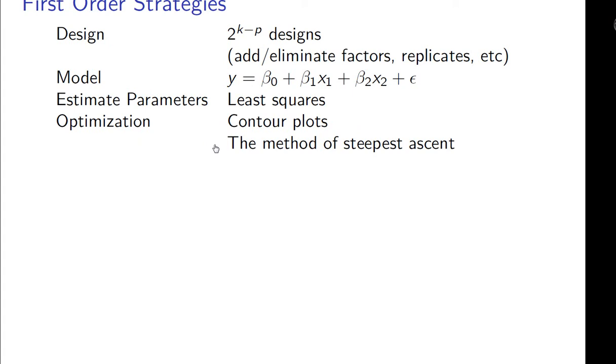Now, if I'm talking about ascent, of course, that means I'm going upwards, I'm looking for the maximum. There's a method of steepest descent that you would use to get to the minimum. So a graphical procedure, contour plots, and the numerical procedure, that's the method of steepest ascent.